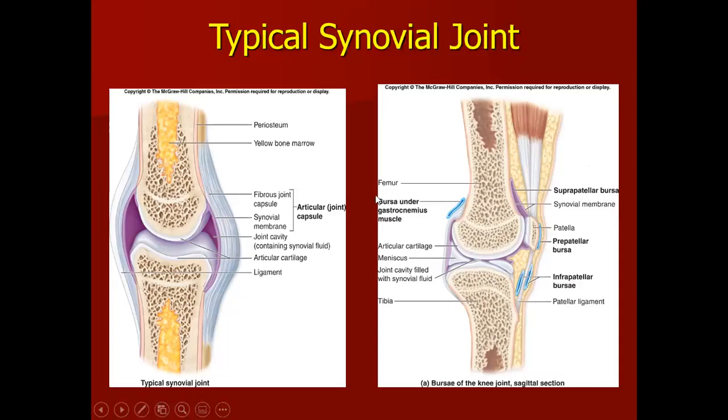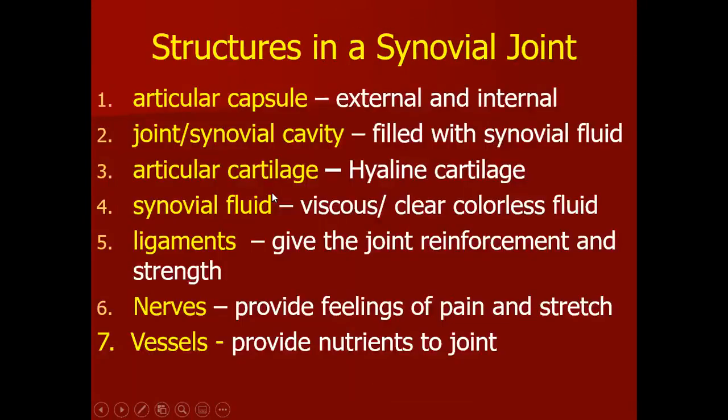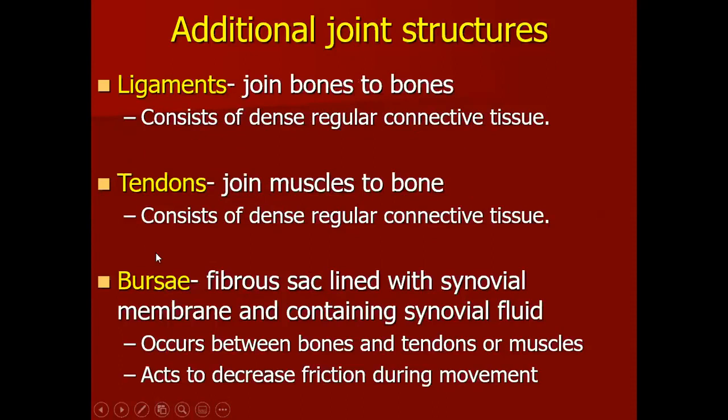The knee also has a bursa, which is a fibrous sac lined with synovial membrane and containing synovial fluid. Not every synovial joint has a bursa, but those that do, the point of it is to decrease friction during movement.